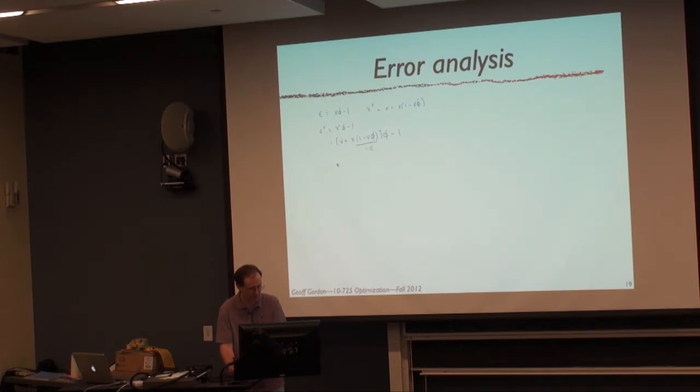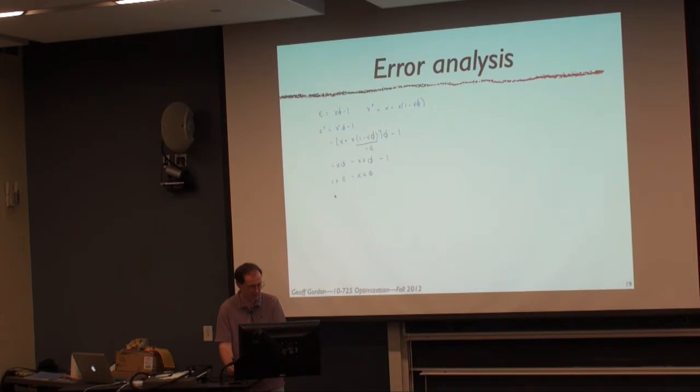Now if I multiply this out, I get x phi minus 1 plus epsilon minus x epsilon phi.